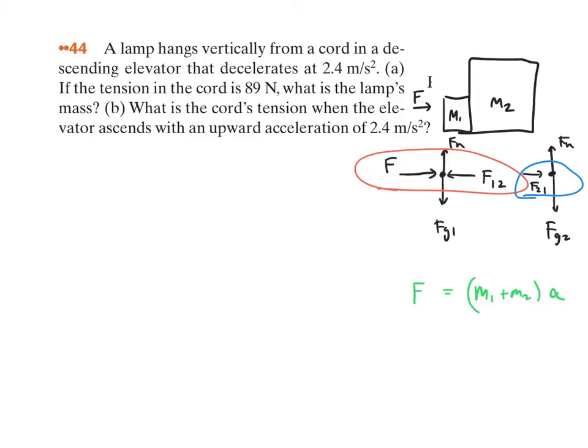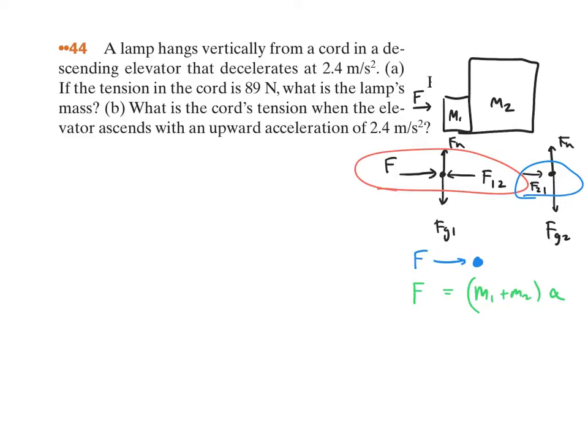That would be looking at the entire system as one giant free body with only this force acting on it. See what I'm doing here? I'm drawing both masses as one giant mass, and the overall force is acting on that one giant mass. That's the sum of those masses times a. And then we'd have an equation of motion here, and an equation of motion here. So we have 3 equations of motion.